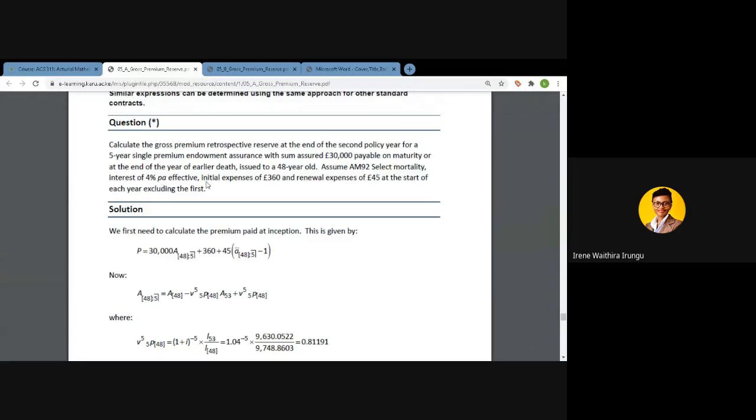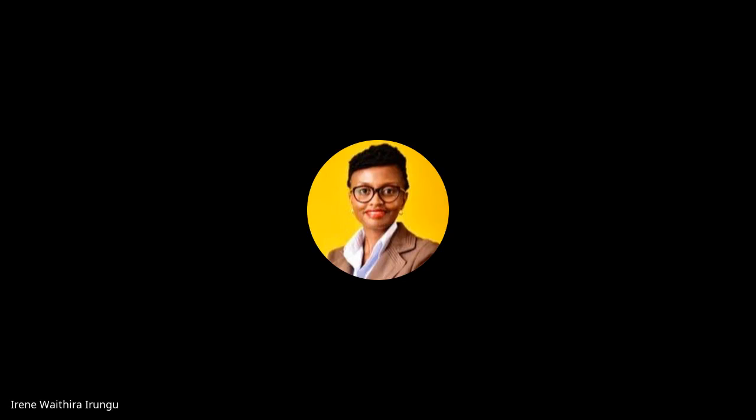Expenses, you have the initial as 360, renewal as 45 at the start of each year, excluding the first. So those are the different ways that can be arranged. So we want to calculate the gross prospective premium reserve, where we have seen it's simply the difference between the retrospective accumulation of premiums less the retrospective accumulation of benefits and expenses.